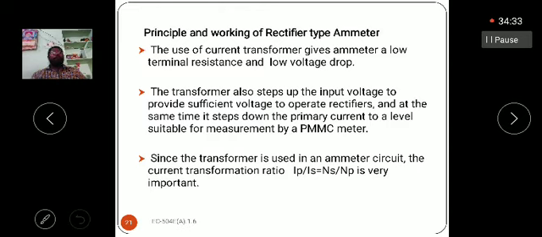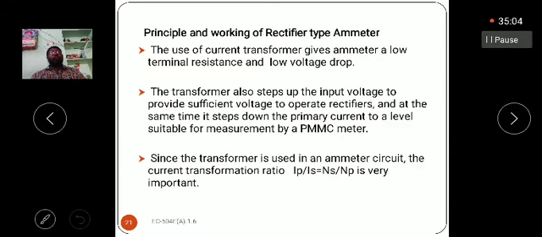The transformer also steps up the input voltage to provide sufficient voltage to operate the rectifiers. The rectifiers can be operated with the help of the transformer.